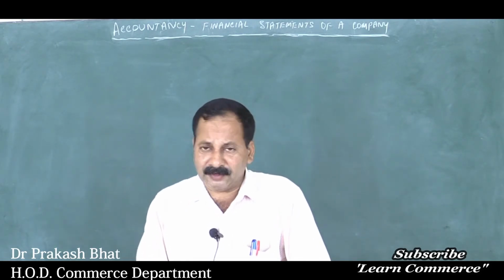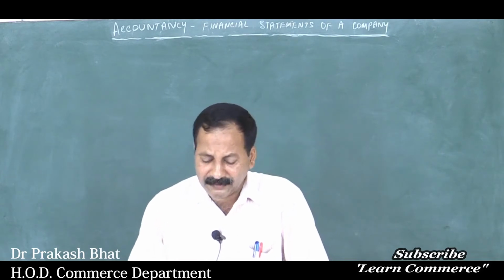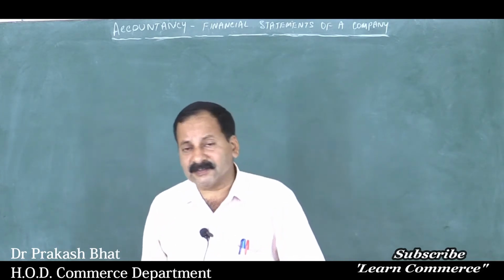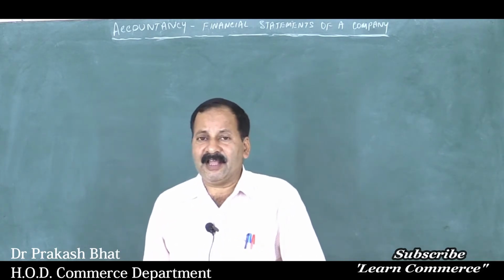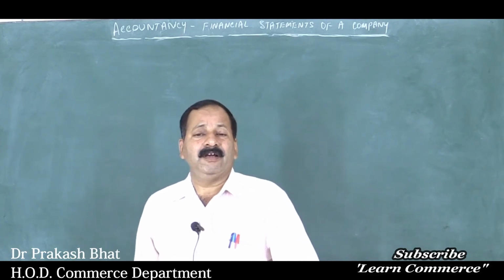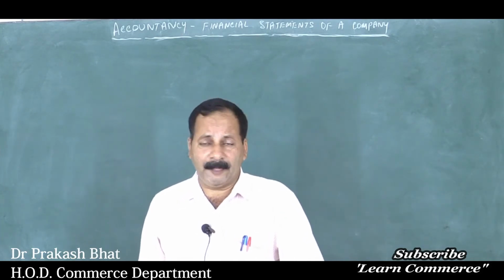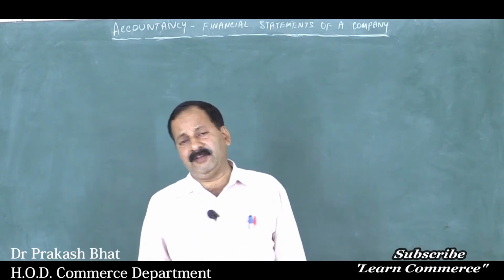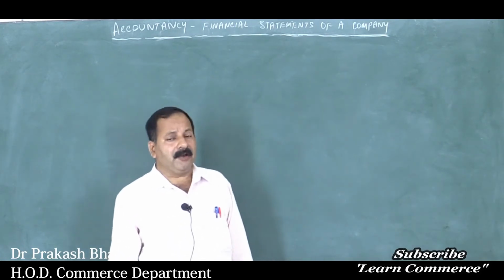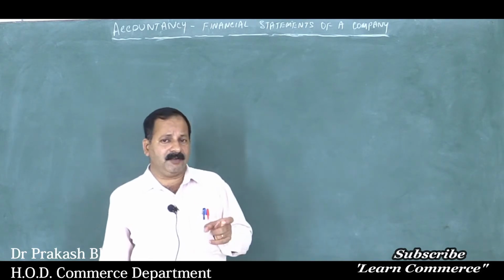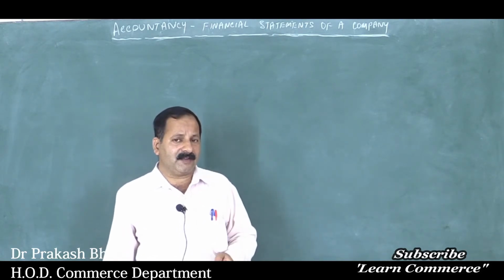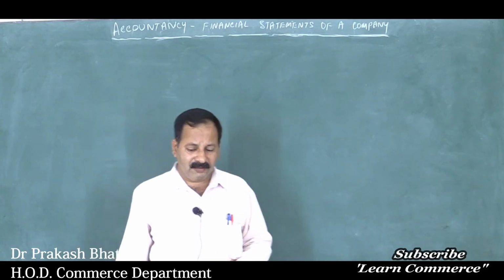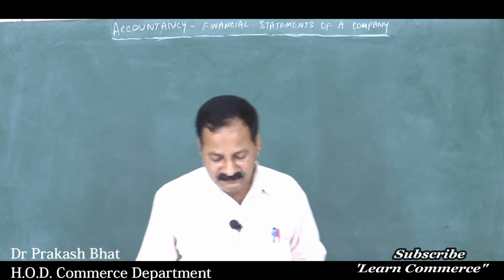Actually debentures means secured loan, but we have to categorize it under fixed liability, that is non-current liability, as the period of debentures generally will be more than 1 year. So we have to treat it as non-current liability and place it under the head long-term borrowings.